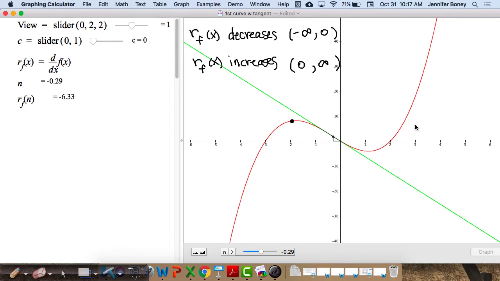But in a graph of an accumulation function, we can see the rate by the steepness of it. So the steepness was becoming more negative, and then it stops becoming negative and becomes more positive. So the whole left portion of this graph is r sub f of x decreasing. And the whole right portion of it, to the right of this spot here, is r sub f of x increasing.